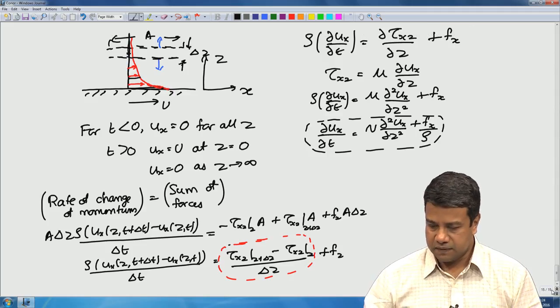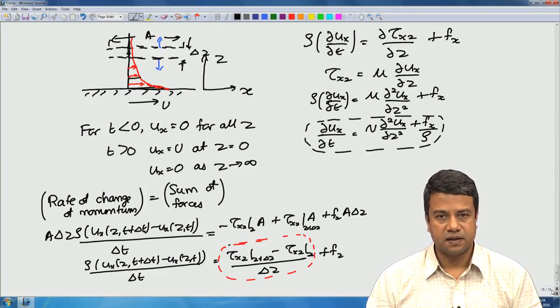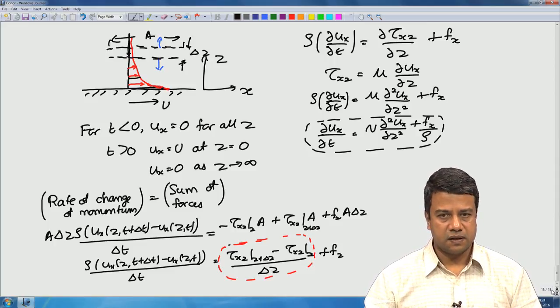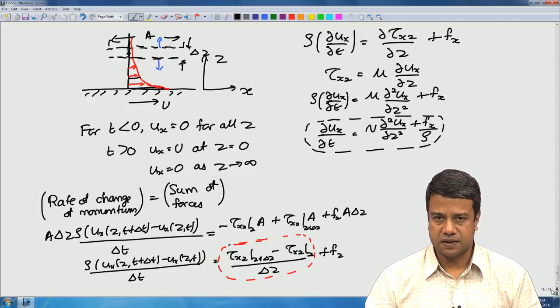We had solved this for momentum transfer as well. In that case, we had considered a surface, a fluid adjoining a surface, an infinite fluid. Initially, everything was at rest, and at time t is equal to 0, the surface was moved instantaneously with a velocity U. So, for t less than 0, the velocity ux is 0 everywhere, and for t greater than 0, ux is equal to capital U at z is equal to 0.